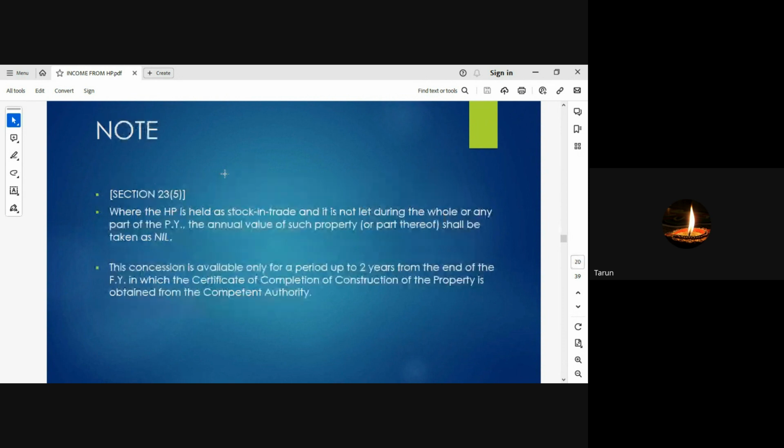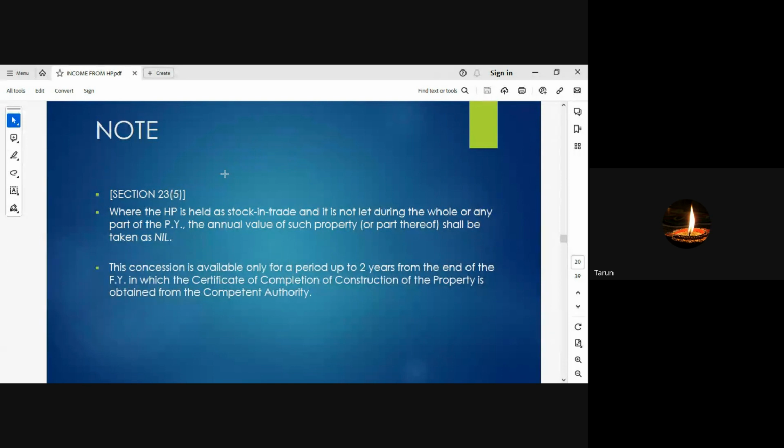Next, under section 23 and subsection 5, where the house property is held as stock in trade, and it is not let during the whole or any part of the previous year, the annual value of such property or any part of the property shall be taken as nil. So if any house property is held as stock in trade, always remember the annual value of such property will be considered as nil.